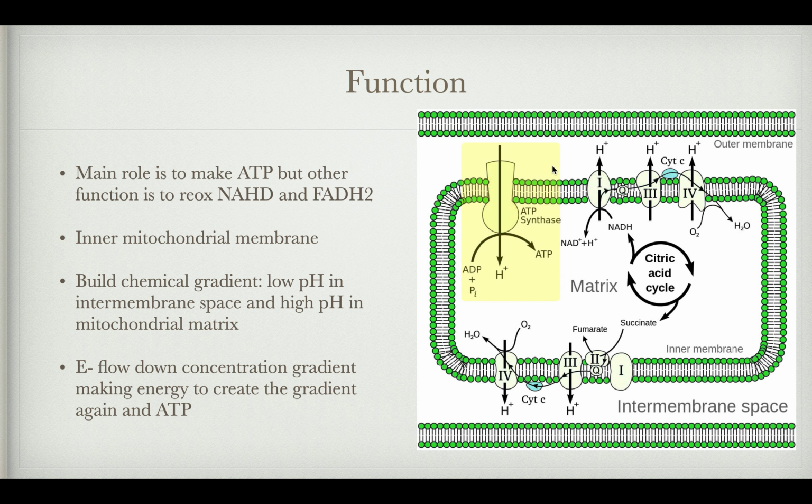So we want more hydrogens in the intermembrane space. And this all works through the inner mitochondrial membrane. And the general gist of it is that electrons will flow down the concentration gradient, creating energy that makes the gradient again and ATP. That's why it's called a chain.